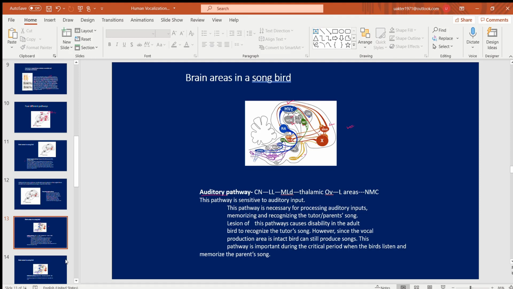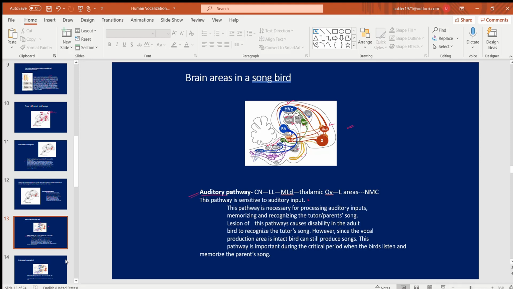Okay, one is the auditory pathway, that is CN, LL, MLD, thalamic OV, L area, and NMC. So you can see this is NMC, CM, right? You can see OV, MLD, and CN. So this is CN. So these structures are in this auditory pathway. Okay, and this pathway is sensitive to auditory input.